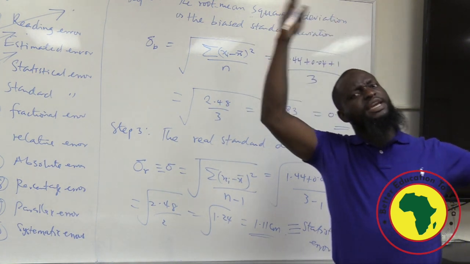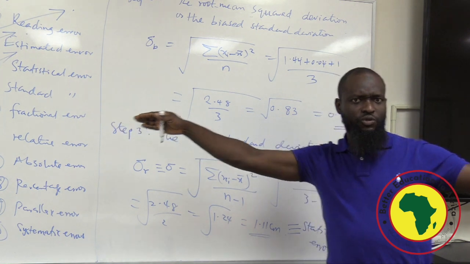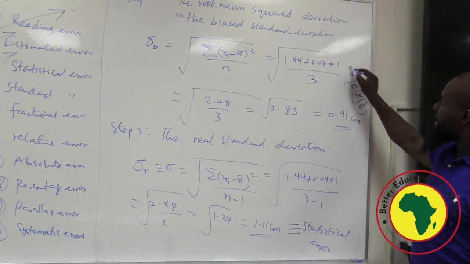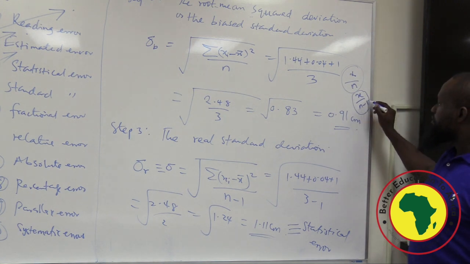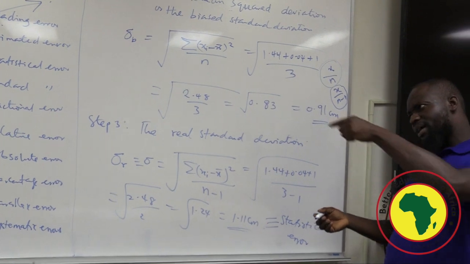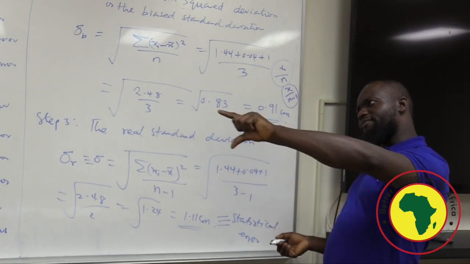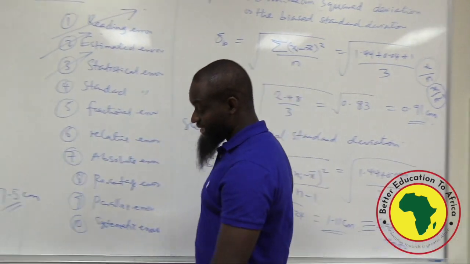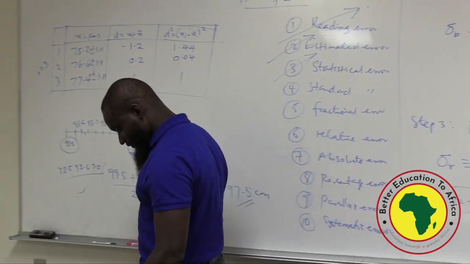So the biased one is divided by n, and this one is divided by n minus 1, to take care of possible errors when we don't have the full number of values supposed to be taken for the complete data set for the length of that table.